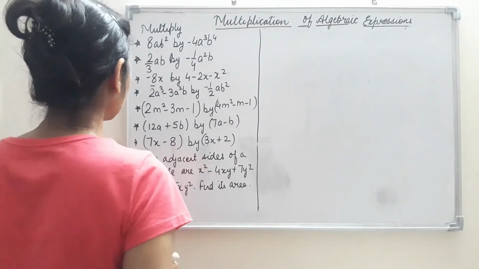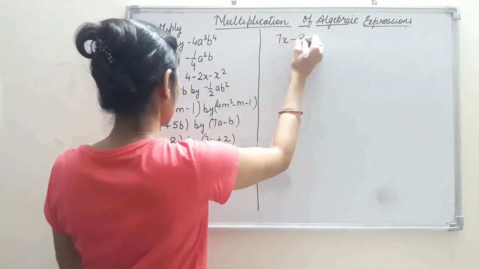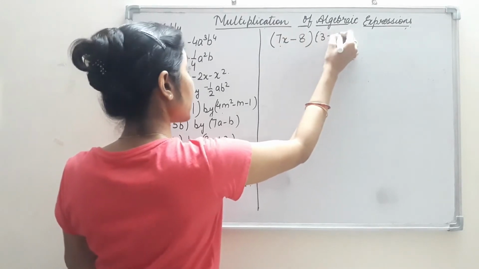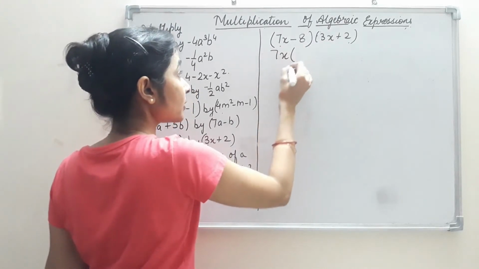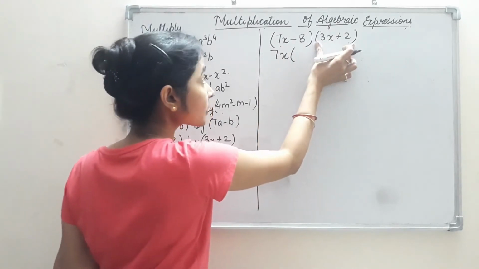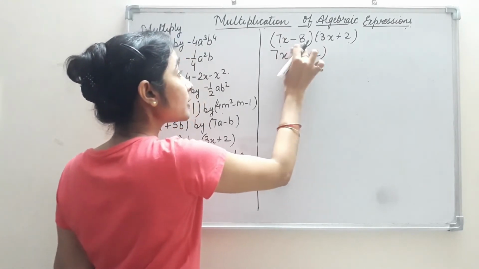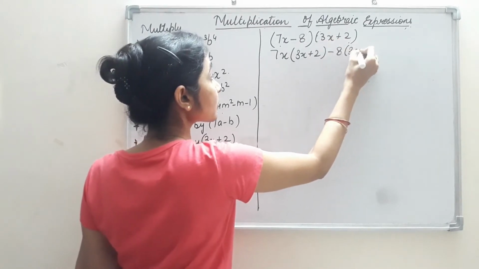Here we are having 7x minus 8 multiplied by 3x plus 2. Again the same thing, I will take this 7x outside the bracket and multiply it with 3x plus 2. Then again the second term, minus 8, I will multiply with both the terms of the second expression.